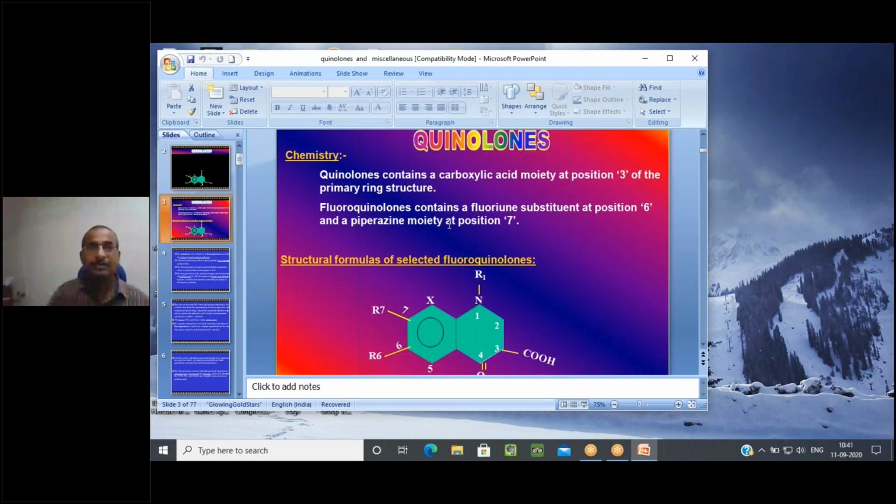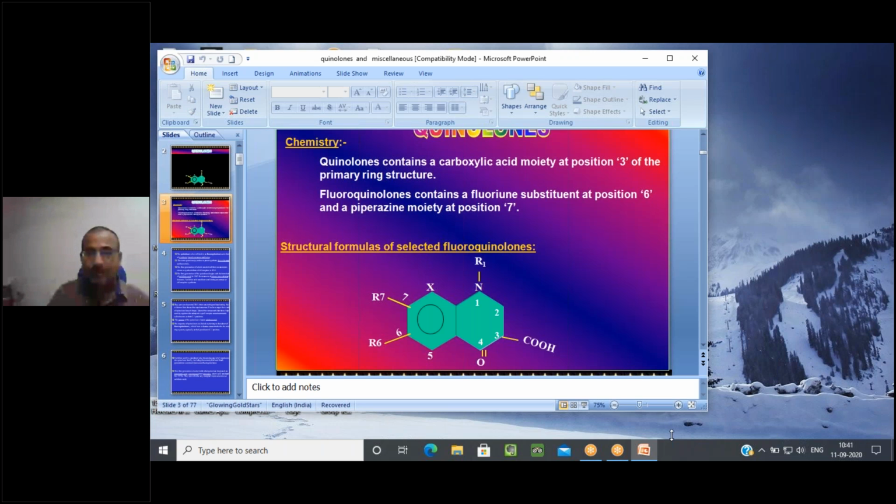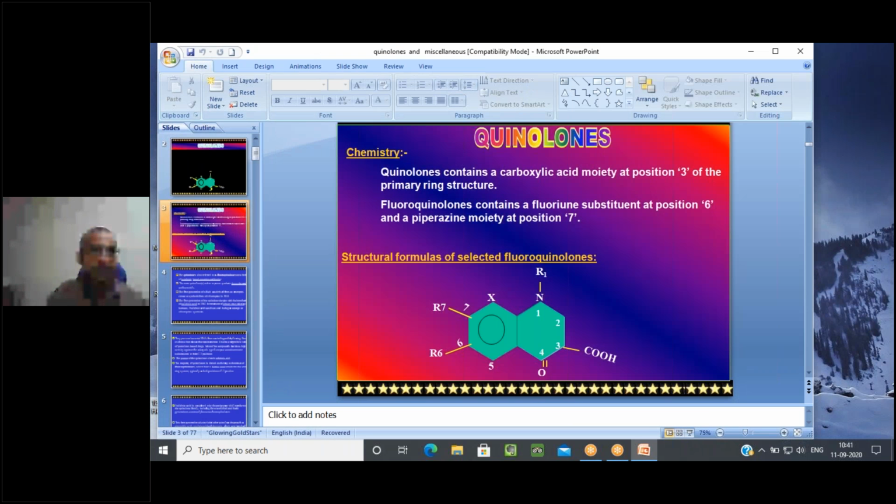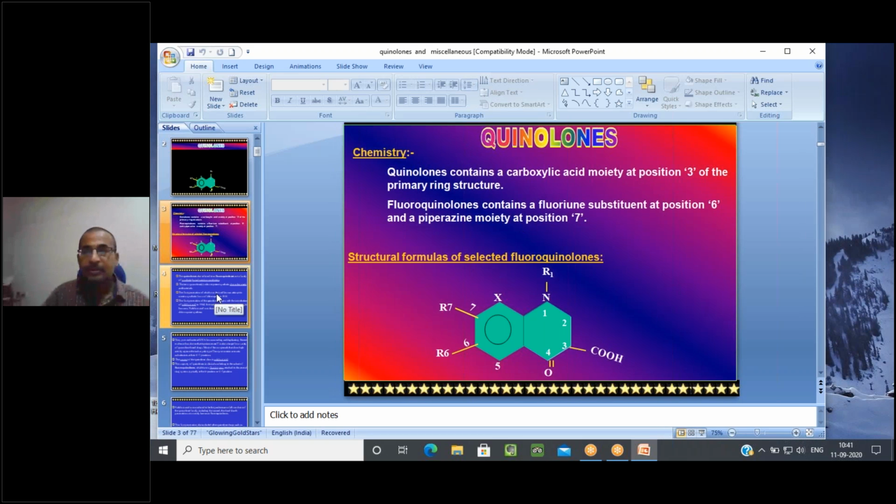Like that, here also, from quinolones you can get new products, that is fluoroquinolones, by addition of a fluorine moiety at position 6 and a piperazine moiety at position 7 of the quinolone structure. They exhibit some new pharmacological actions.